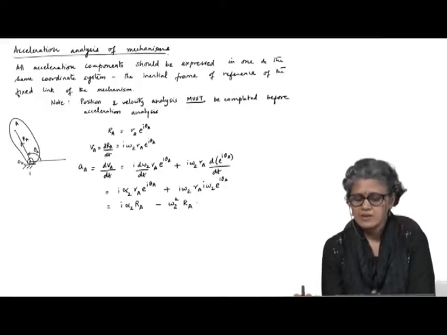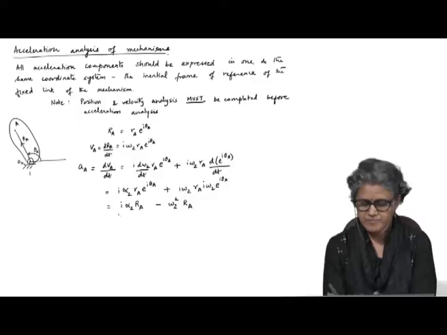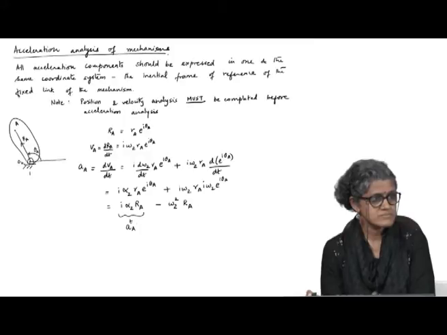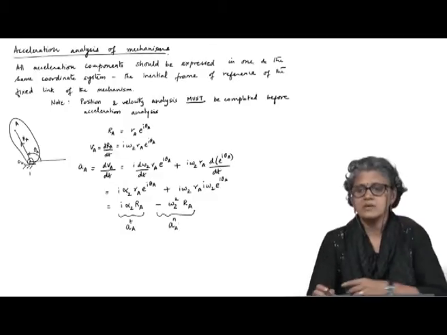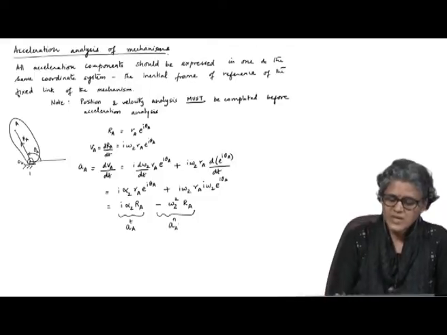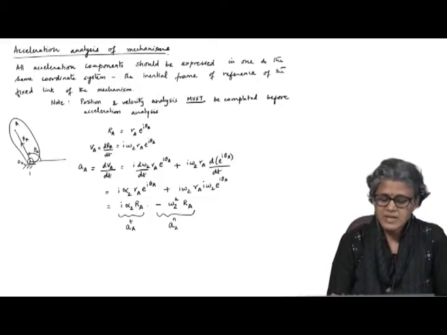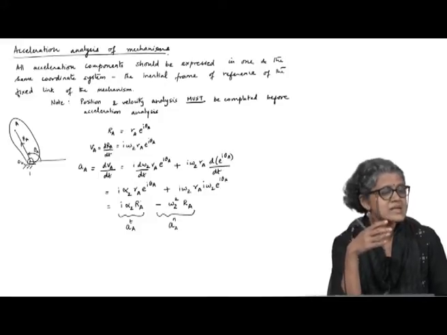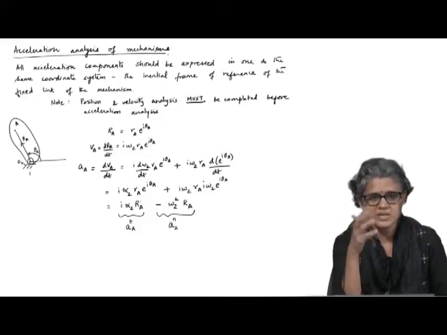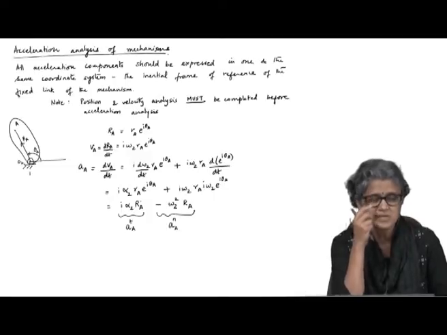This is your familiar tangential component of the acceleration of A, and this is your normal component of the acceleration of A. The tangential component is a scaled version of R_A rotated 90 degrees in the direction of alpha_2. For planar mechanisms you can take alpha_2 as plus or minus depending on whether it is counterclockwise or clockwise.